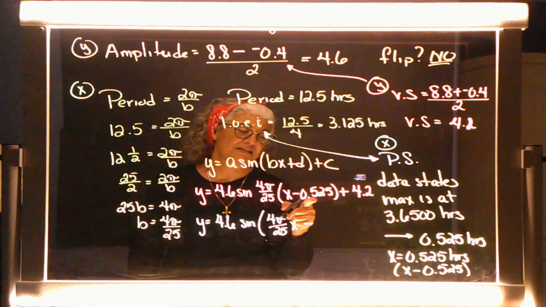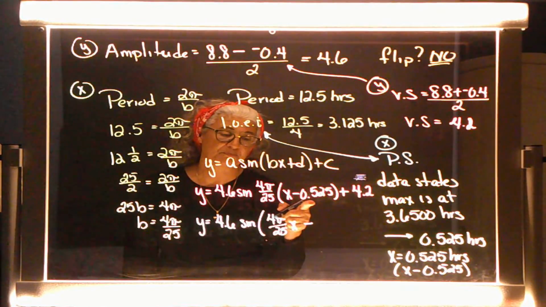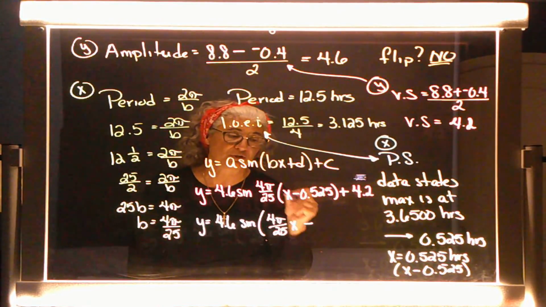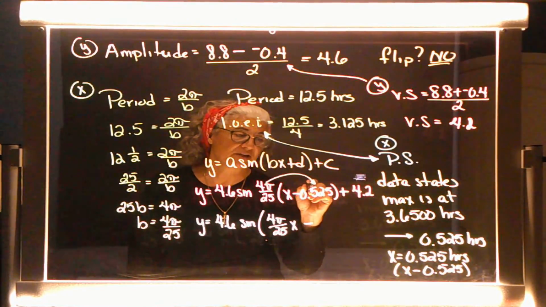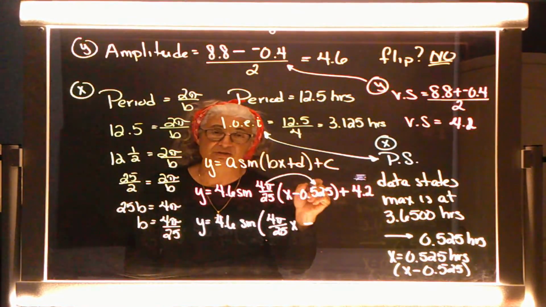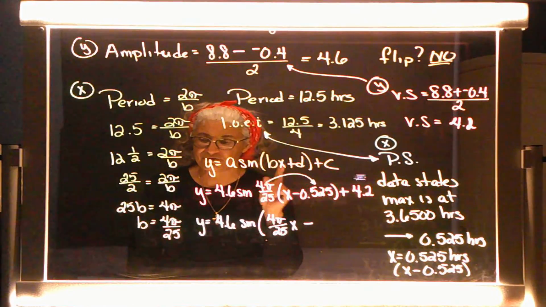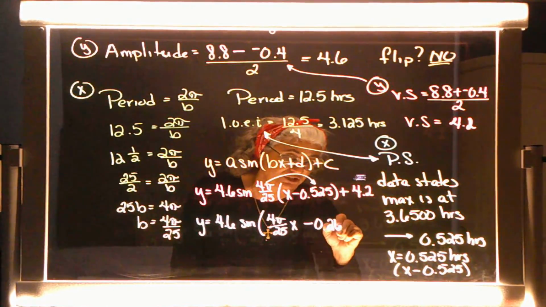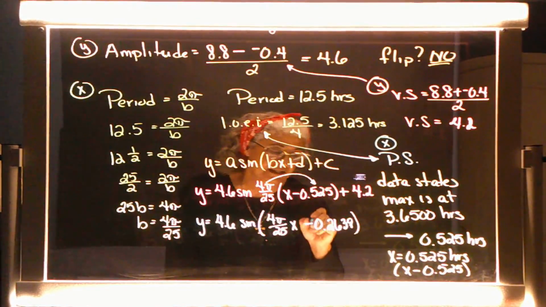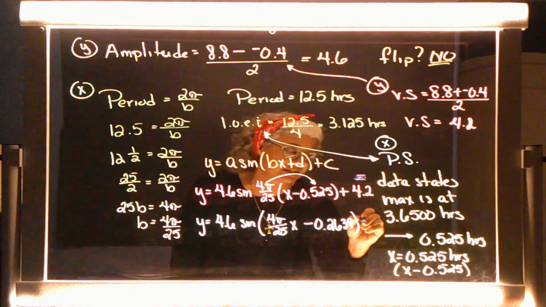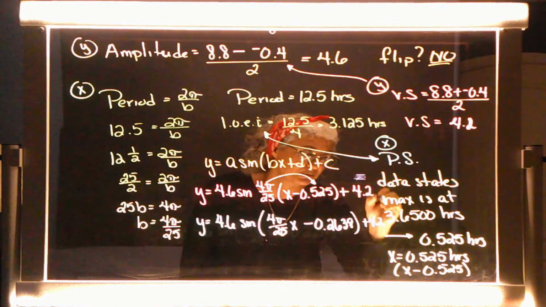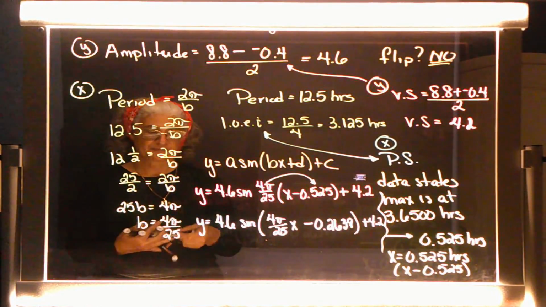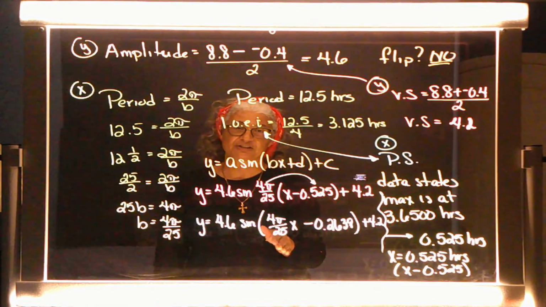Since the phase shift is a decimal, you're going to have to make the final answer in here a decimal when you distribute this 4 pi over 25 to this decimal. And 4 decimal places is what I'm going to ask for. And I got 0.2639. Oh yes, plus the 4.2. We have to remember that. Cool? Here is your sine function.